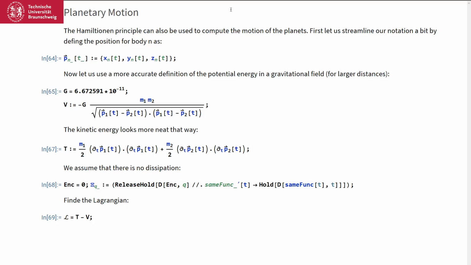Let's just start with some streamlining of the notation. Because so far what we always had to do is to define all the 3 coordinates for all our mass points.